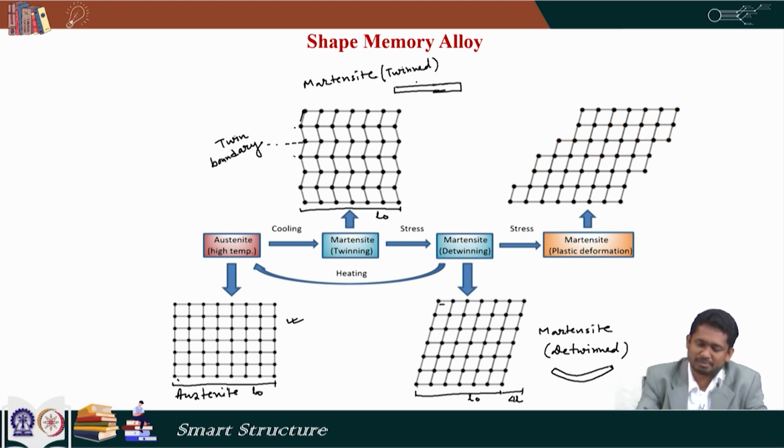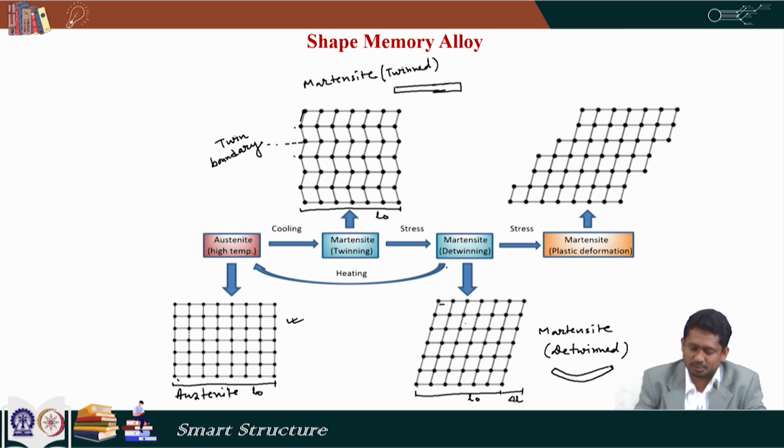So, here we had a twinned martensite, undeformed, and then we applied stress to it, it became detwinned martensite, it deformed. Now, if we apply heat to it, the martensite phase becomes unstable, because at high temperature the austenite phase is the stable shape.